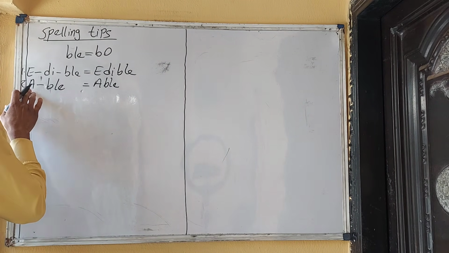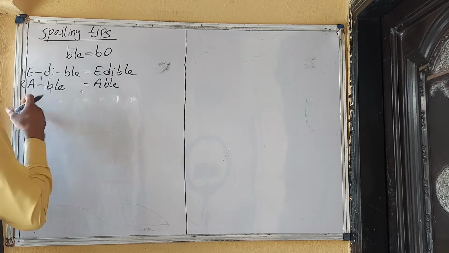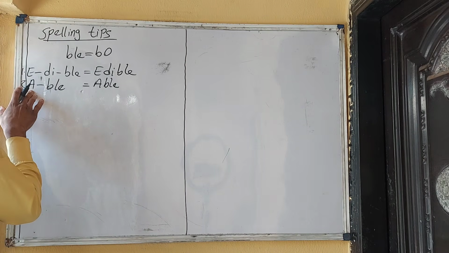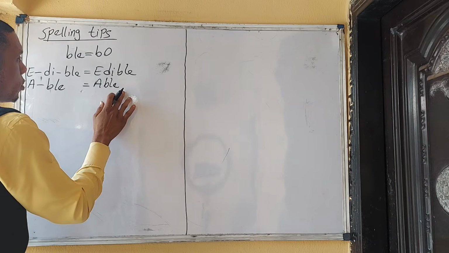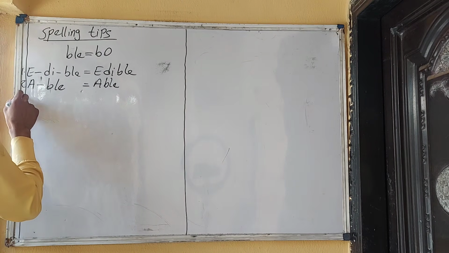Able. The reason why it is not sounding higher is because it is in an open syllable. And whenever a letter is in an open syllable, we usually say it takes the long vowel sound, or the name of the letter. And that is why this is Able. Edible. Able.